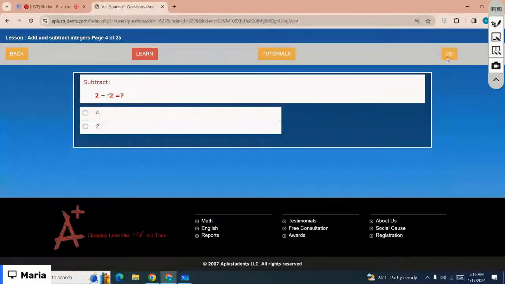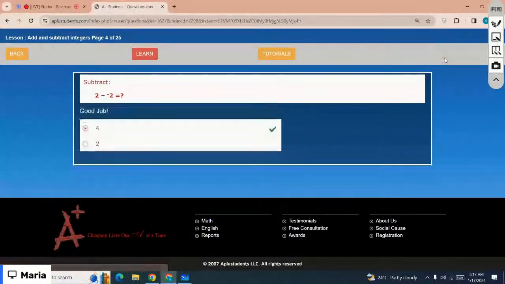Okay, 2 minus negative 2, which is the correct option? Yes, that is 4. You have to add them. Subtracting a negative integer is the same as adding.